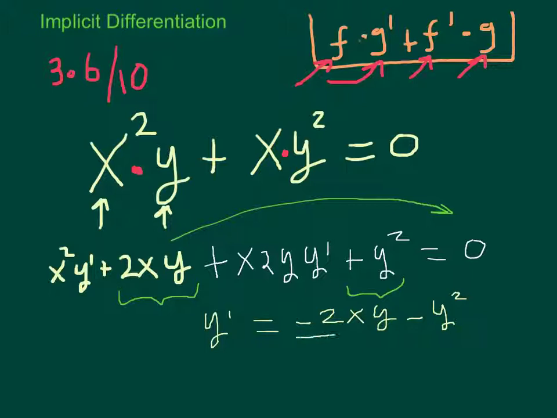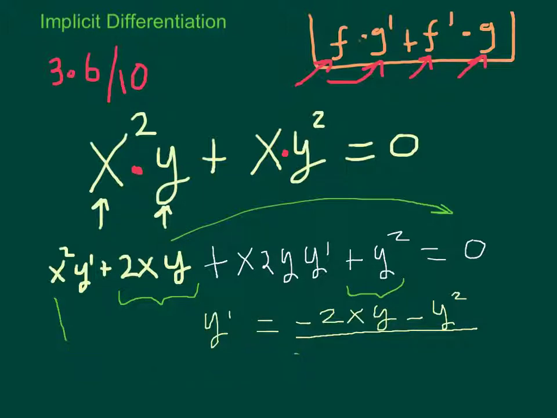We're going to divide by all the terms that contain a y prime. So this one will go down here, and 2xy, this one will also go underneath there. So let's bring them down.